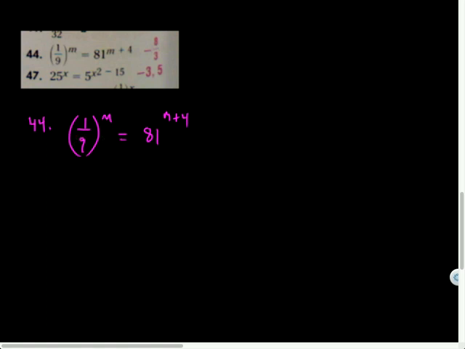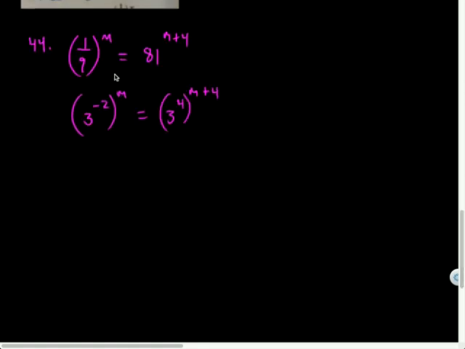I'll do powers of 3 just for fun. 1/9 is the same as 3 to the negative 2nd power, and 81 is the same as 3 to the 4th power. Then I can multiply these exponents, being careful to distribute that 4 to both of those. So this would be 3 to the negative 2m equals 3 to the 4m plus 16, because of the distribution.